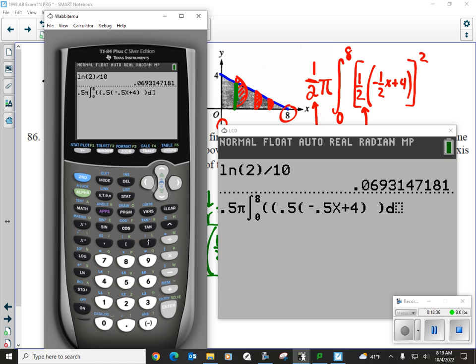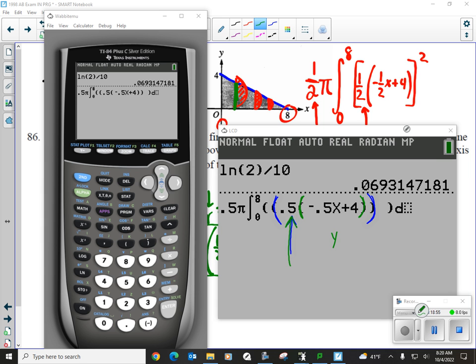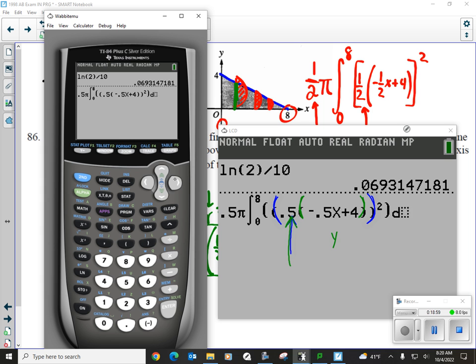I close my parenthesis for my y, and then I need to close the parenthesis to include that initial 1/2. It is important that when I square everything, I need to square the half as well, okay? This was just for my y. Remember, I need to take half of my y, and then I need to square the whole thing. So now I square it. Those parentheses are very, very important in this problem.